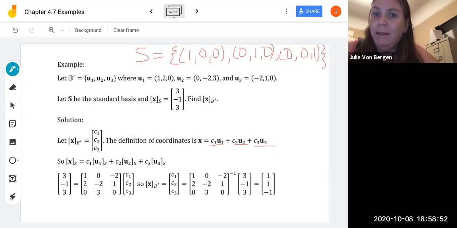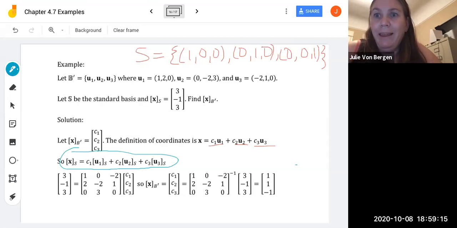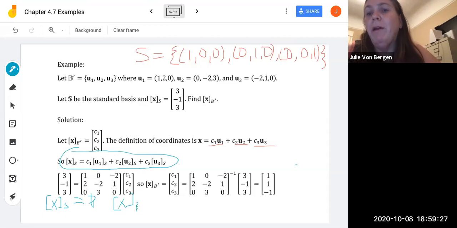So x relative to the standard basis is going to be C1 multiplied by U1, C2 multiplied by U2, and then C3 multiplied by U3 relative to the standard basis. So we know that is going to look like this. Here is x relative to the standard basis. Here is matrix P, and then here is x relative to the new basis B prime.